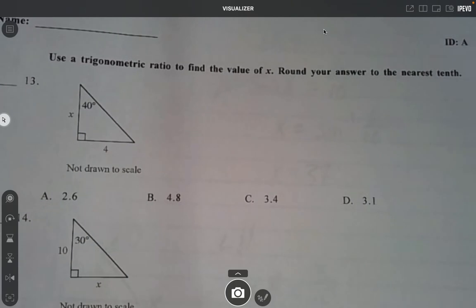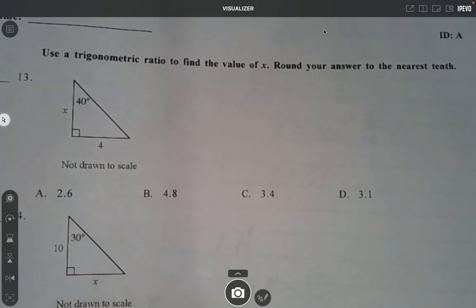It says use a trig ratio to find x. So if I start at 40 degrees, am I going to use sine, cosine, or tangent? Boys, y'all pay attention. Your quiz is soon. So it's opposite and adjacent. That's tangent. So opposite, 4, over adjacent, x.